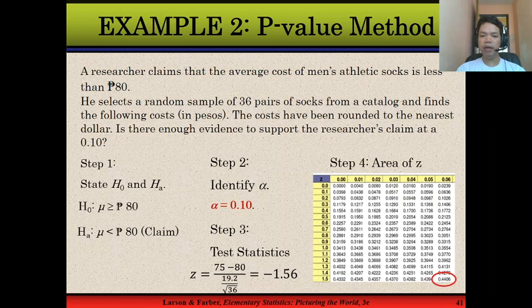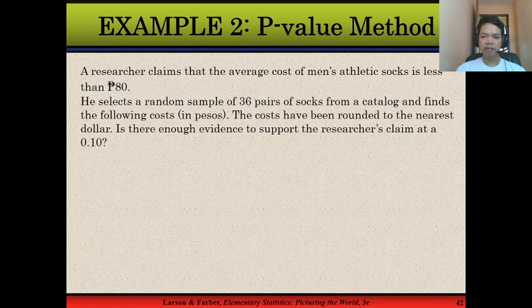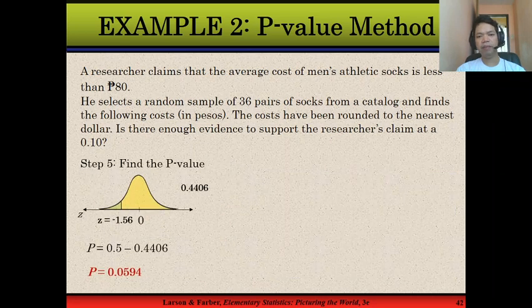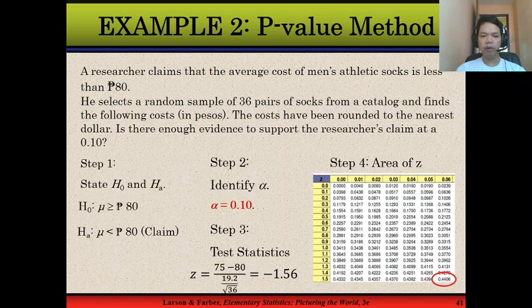Step 4. Anong area ng z-score na negative 1.56? So, hanapin natin siya sa table. Ito siya. 0.4406. Then, step 5. Kukunin ko na yung p-value. Dahil recall, kanina, ang alternative mo ay less than. So, ibig sabihin, this is a left tail test.